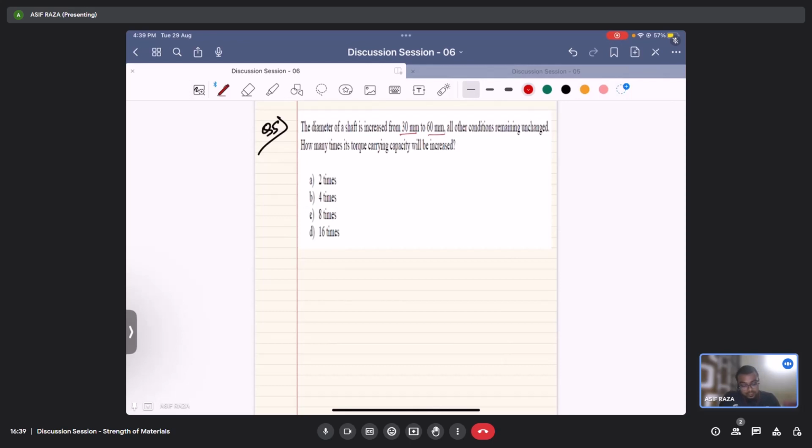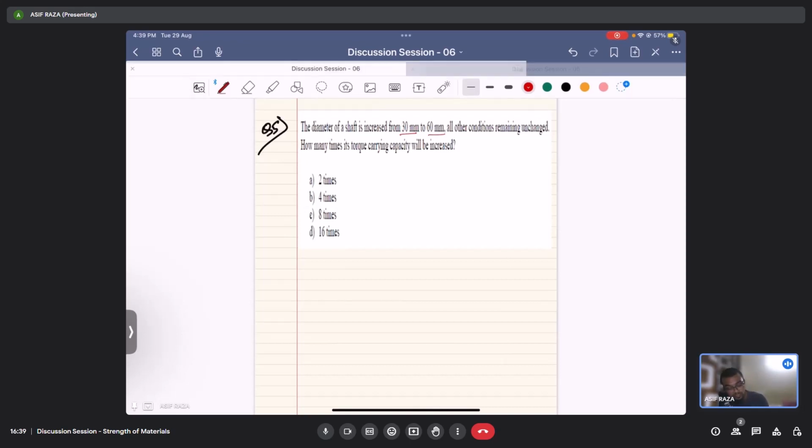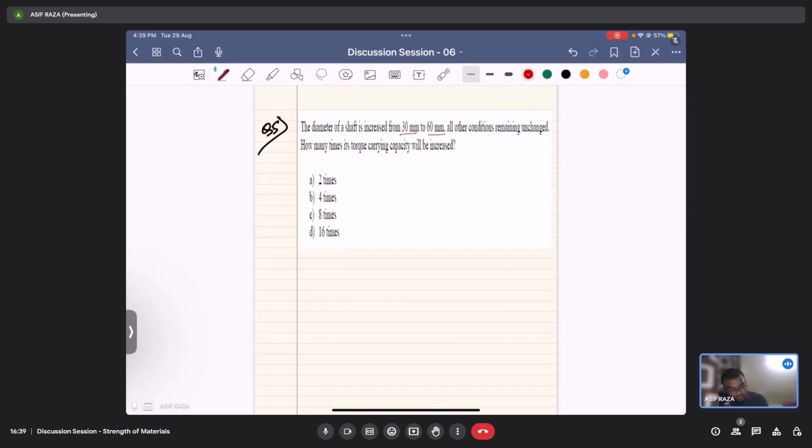So in this question, every condition is kept the same, except the diameter of the shaft is increased from 30 mm to 60 mm. So we'll write the torsion equation first.